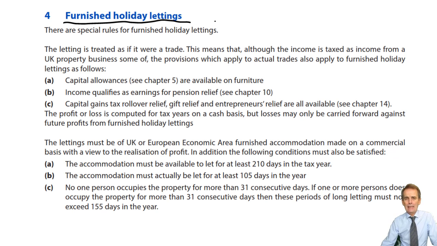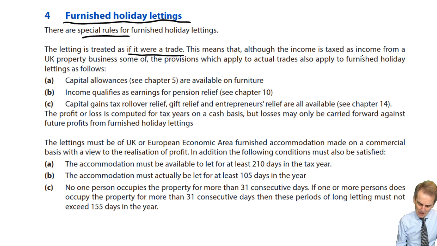We talk about property business income. And what we've got here, therefore, are these special rules that now apply, not hugely different, by the way. The letting is treated as if it were a trade. This means, though, again, we're going to tax it as income, property income from a UK property business.